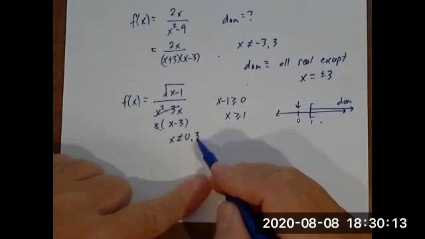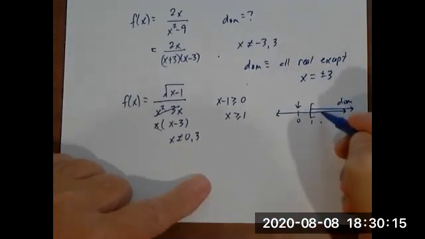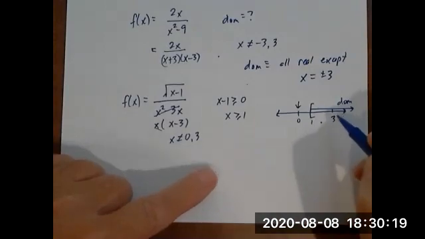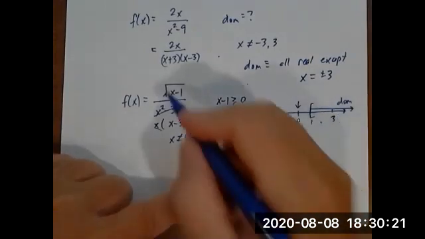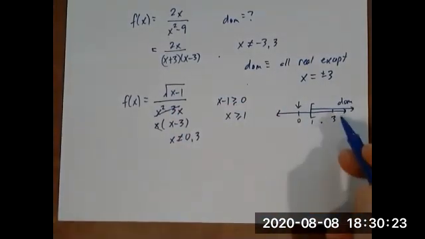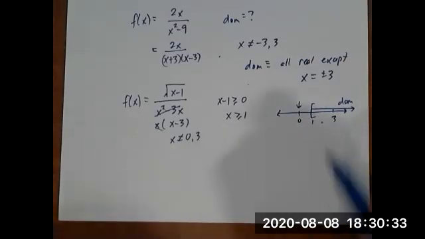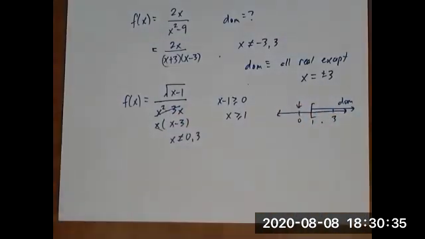However, let's look at 3. 3 is right here. Now here's what's interesting. If it was up to the square root, 3 is perfectly fine. The square root part of it has no problem with x equaling 3. However, the denominator says, sorry, x cannot be 3, because if x is 3, I'm going to have a 0 in the denominator.